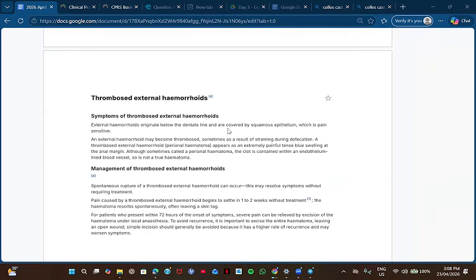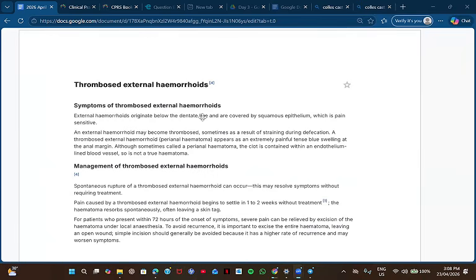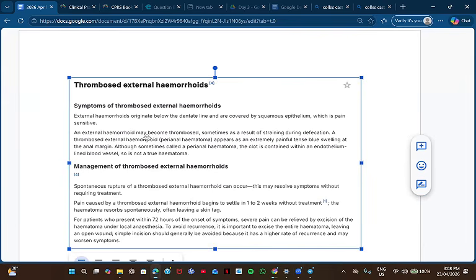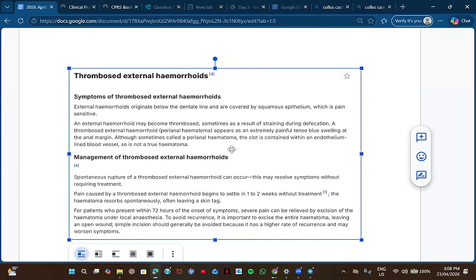Thrombosed external hemorrhoid is a type of external hemorrhoid. An external hemorrhoid originates below the dentate line and is covered with squamous epithelium, which is why it's painful. An external hemorrhoid may become thrombosed sometimes as a result of straining during defecation.